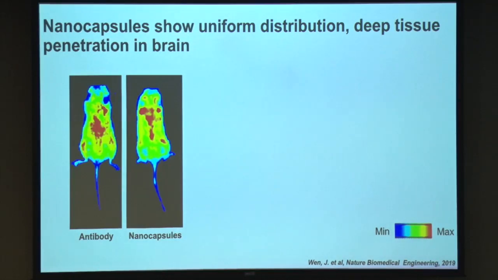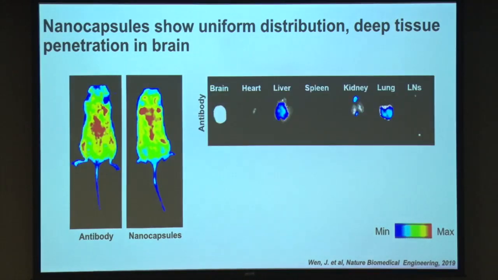Another important thing is the nanocapsule can mask immunogenicity. We tested after 3 doses of continuous injection, and the mouse still has no immunogenicity response. We also tested the nanocapsule from mice to non-human primate. They don't show any neuron toxicity, and they don't show any liver or kidney toxicity either.